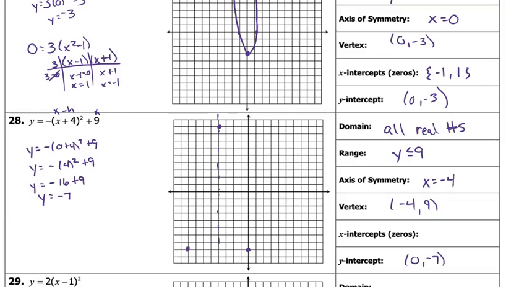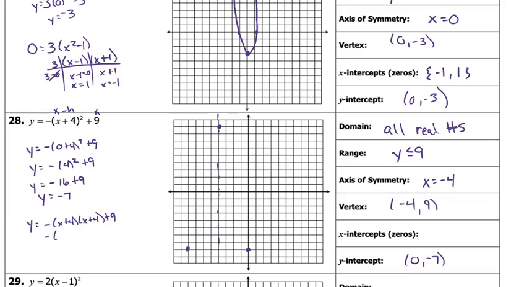But I need to know what my zeros are. And really what we want to do here is go back and expand this out so that we can figure out the math here, being y equals the negative of x plus 4 times x plus 4 plus 9. So we're actually going to distribute.